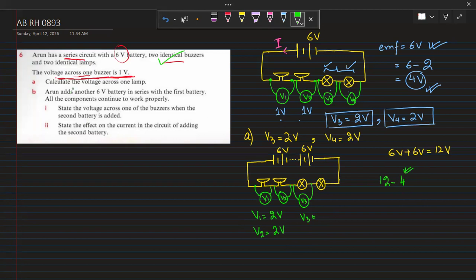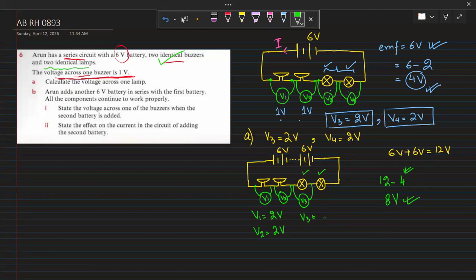So we have subtracted the voltage drop across the two buzzers, that is the 4 volts. Now the remaining voltage will be 8 volts. These 8 volts are going to be divided equally, because both lamps are identical. It is given in the question.